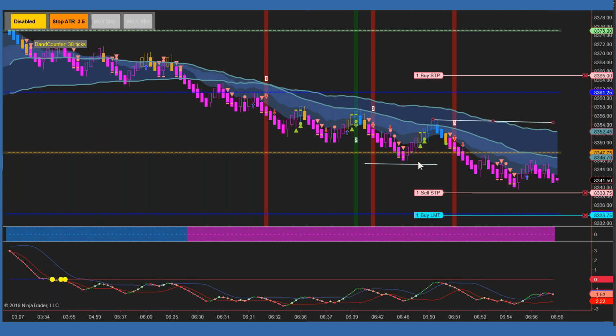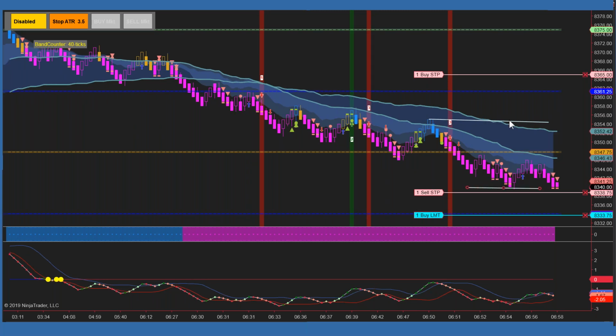Somewhere through here, the market will eventually make a new swing high, and that's when you start to entertain the possibility of a reversal.